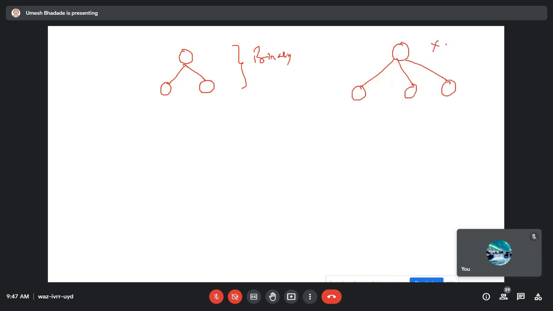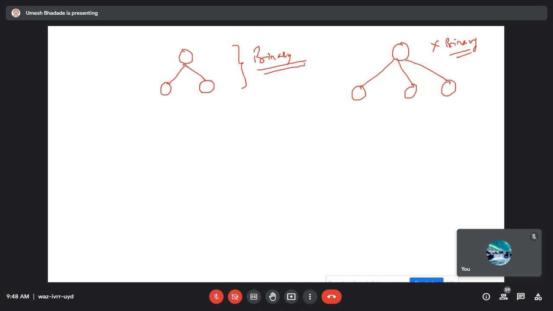This tree is not called a binary tree because it has three nodes. A tree in which any intermediate node or root node has at the most two nodes will be classified as a binary tree.